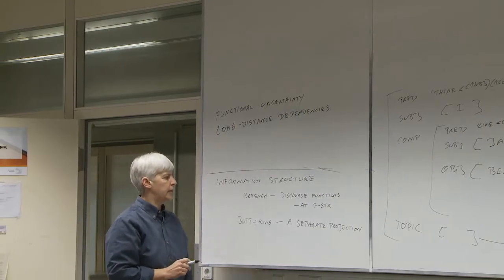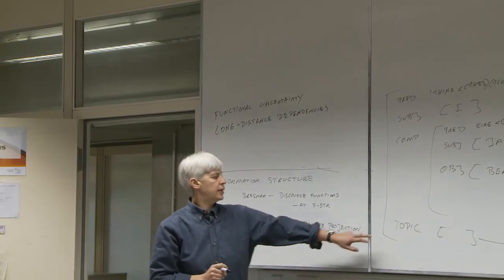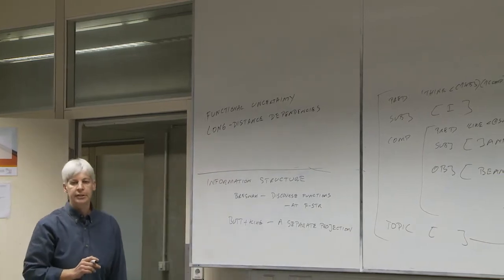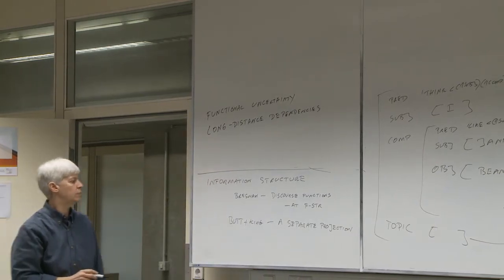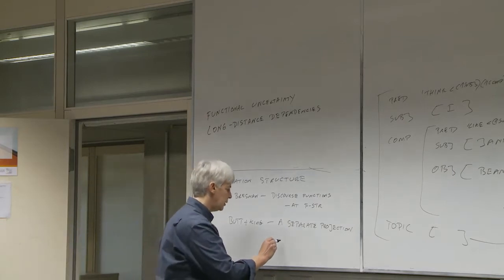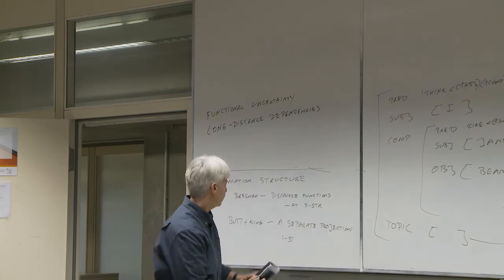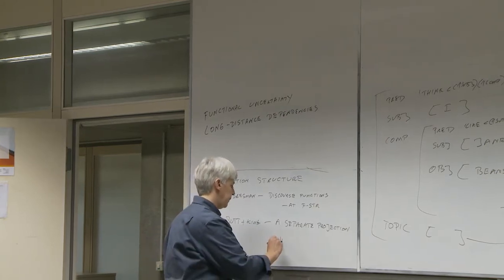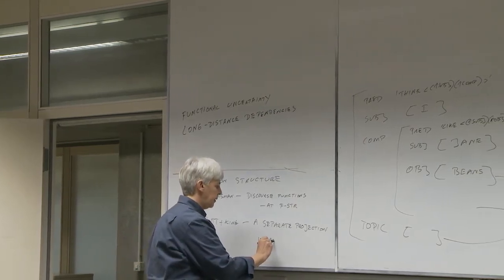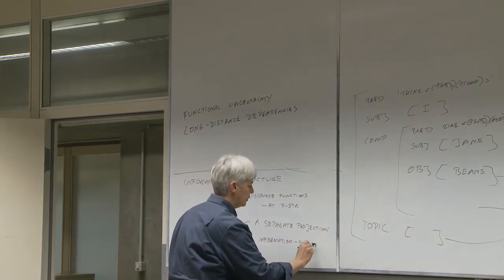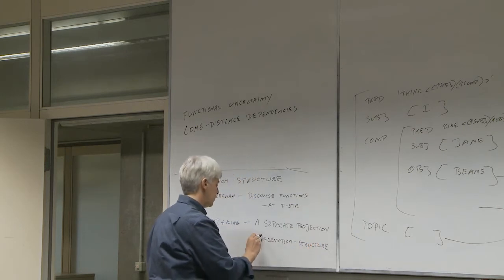And she started arguing that these kinds of discourse functions have no business at F structure. They're talking about something completely different, and they should be in a separate projection, which in the end is now known as information structure. Or I structure.